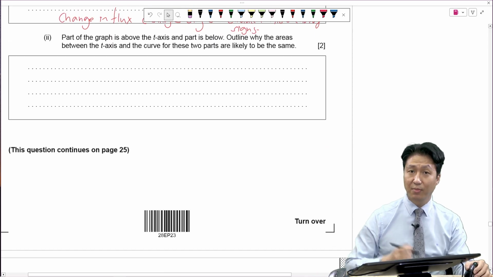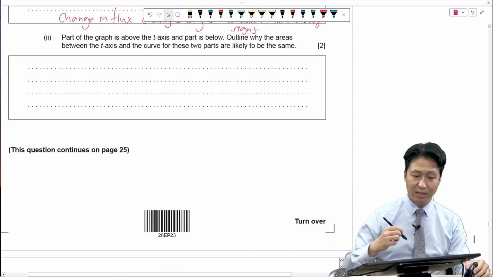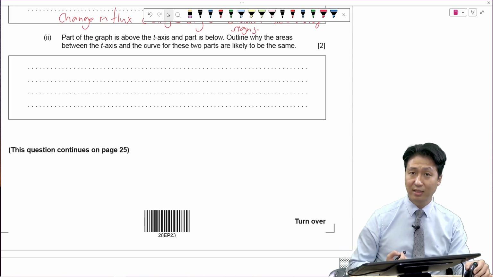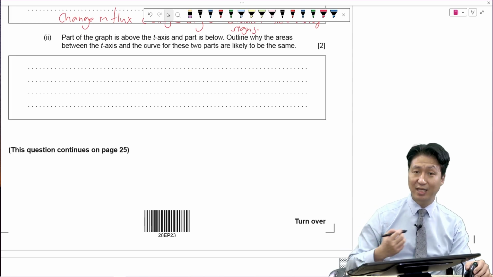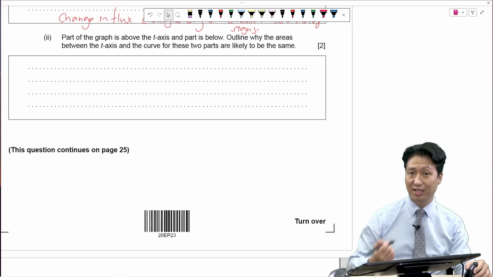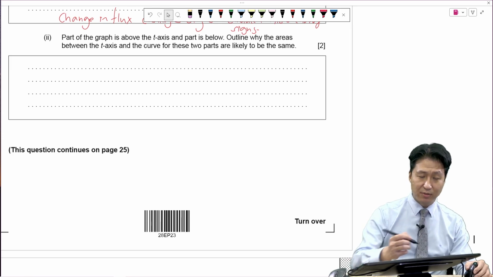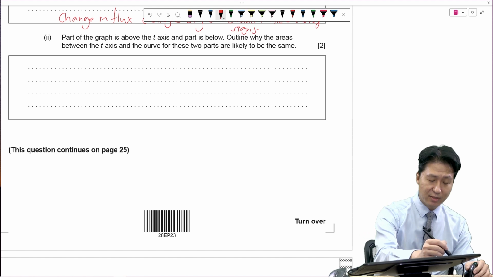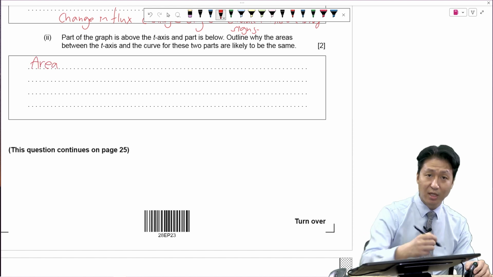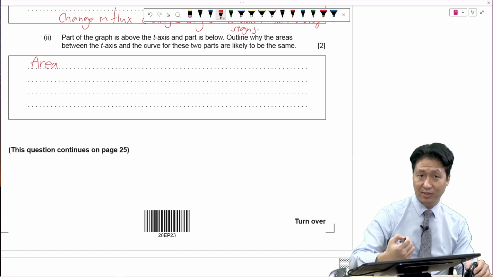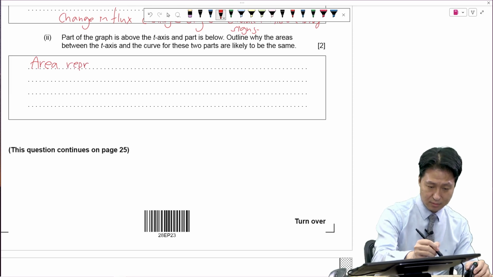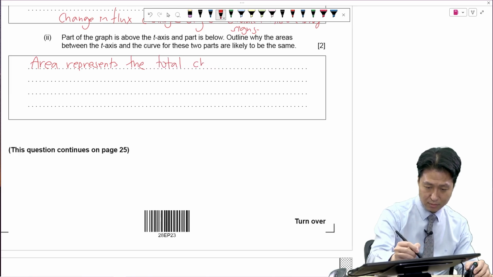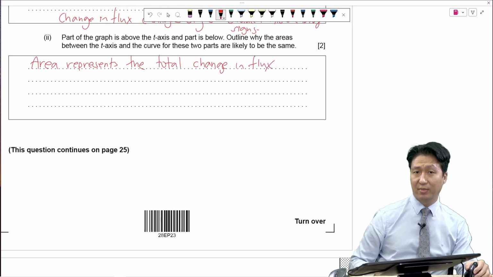In part 2, part of the graph is above the time axis and part of it is below the time axis. Outline why the areas between the time axis and the curve for these two parts are likely to be the same. So first, the area represents the total change in flux. So what does that mean?